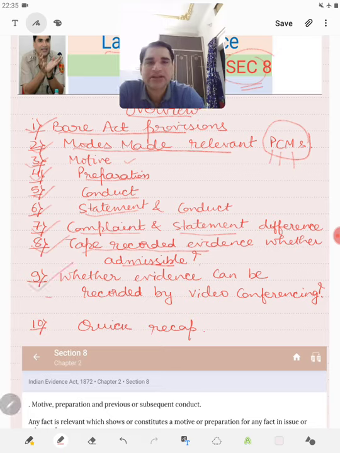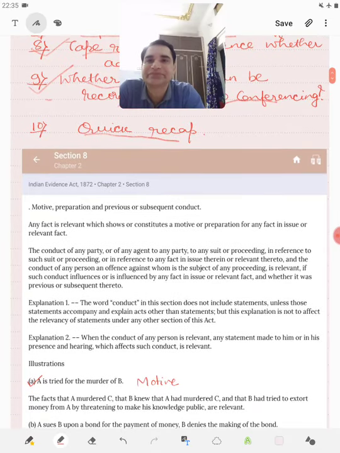Thereafter, another important question, and more so these days, is whether evidence can be recorded by video conferencing. This also we will see along with its relevant case law, as it has been asked many times in the examination. And then, as is our practice, we will have a quick recap of all we had studied in this session. So let's begin.